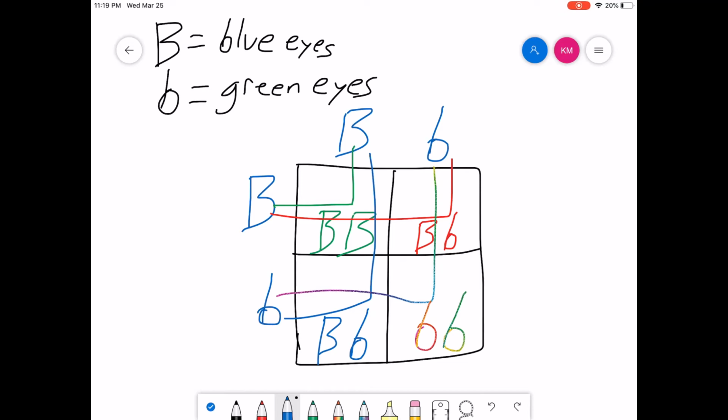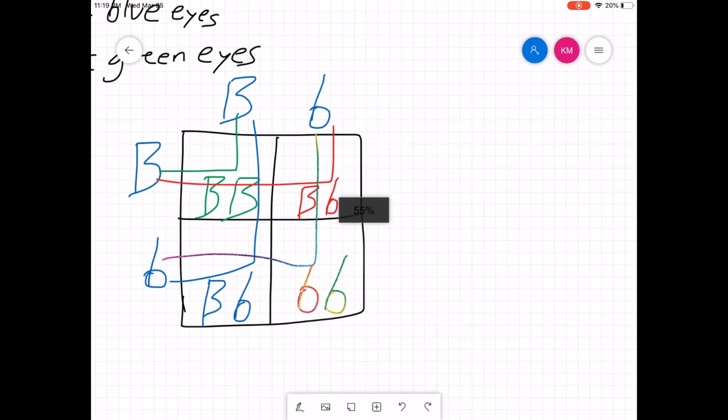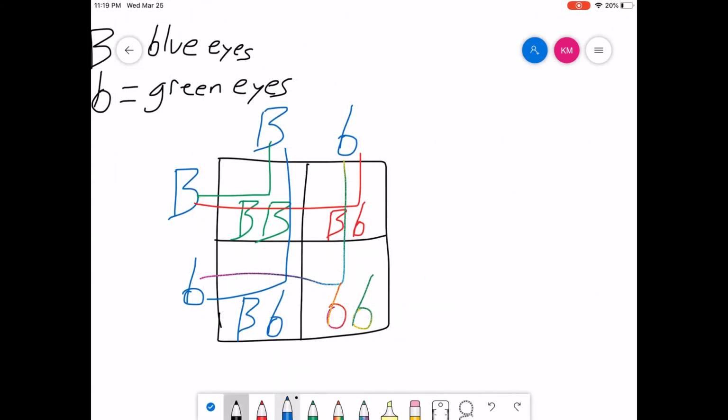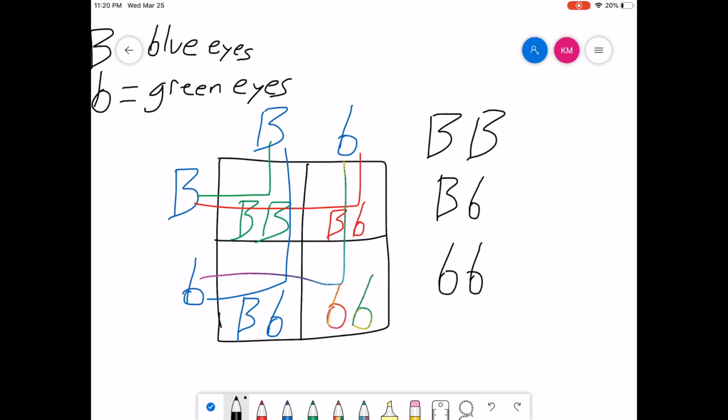So if we want to list the probability of specific genotypes with these 2 parents, again, we had the 3 different possibilities. We had homozygous dominant, we had heterozygous, and we had homozygous recessive.